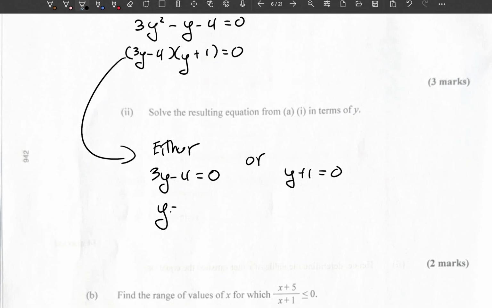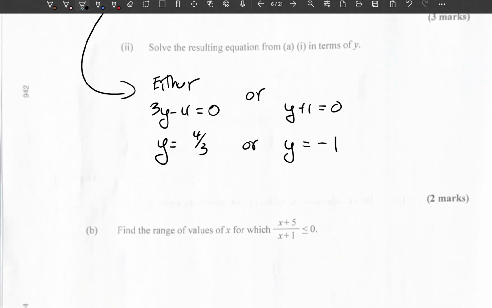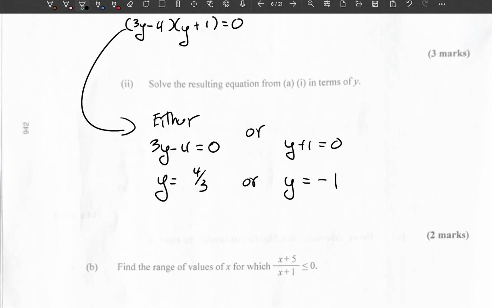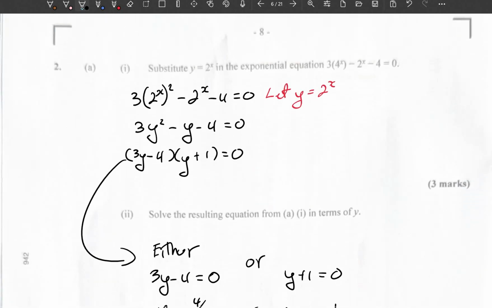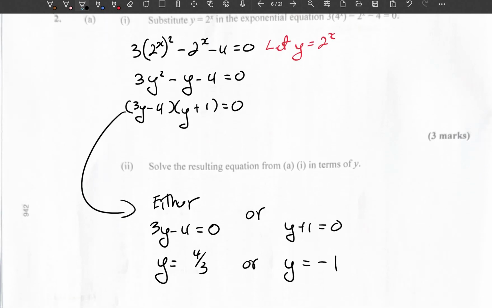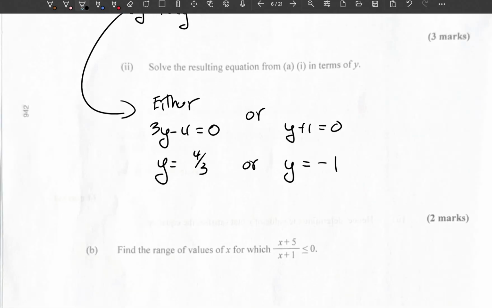Therefore, y is equal to 4 over 3, or y is equal to minus 1. Okay, and they did not seem to want us to finish up and solve for x.